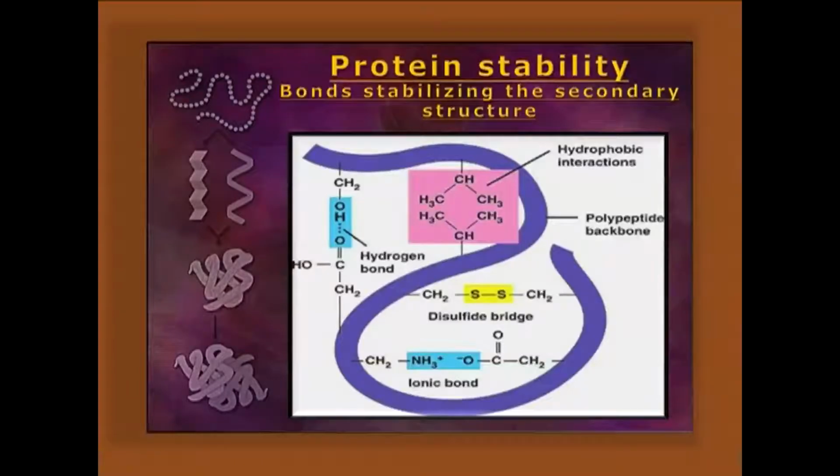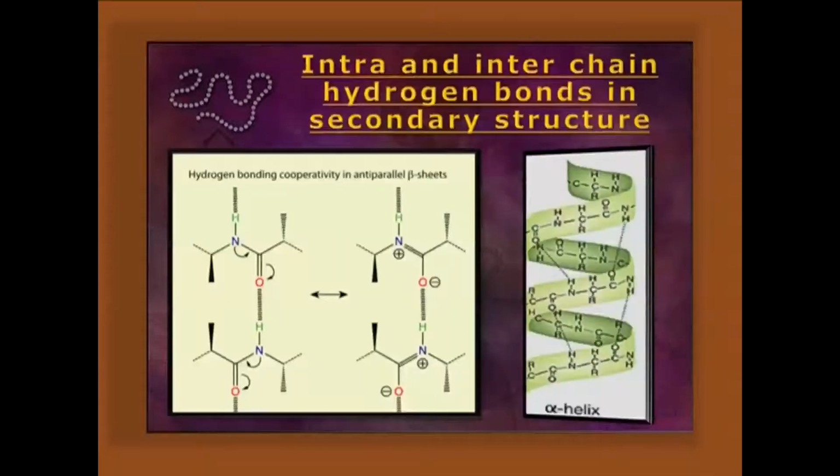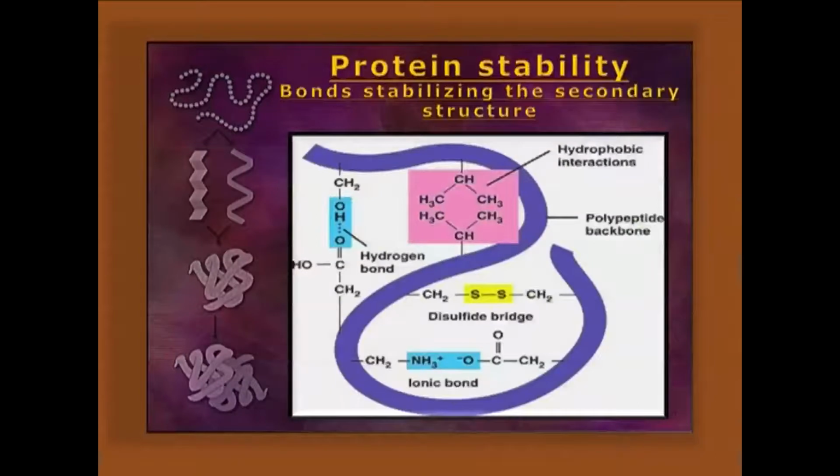Protein stability. To stabilize the protein secondary structure, there are different types of bondings. What are they? Hydrogen bonding. In case of alpha helix, we can find intrachain hydrogen bonding. In case of beta sheet, interchain hydrogen bonding is present, as well as the polar capping on either end of the alpha helix, made by differential hydrogen bondings, as well as hydrophobic interaction, CH2.